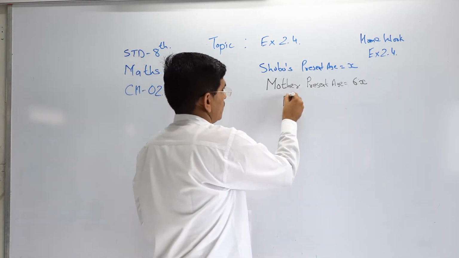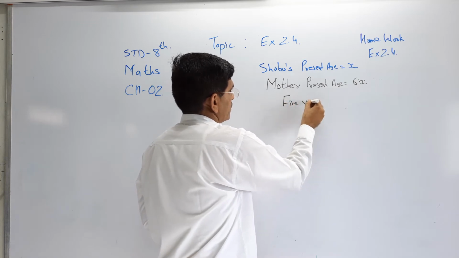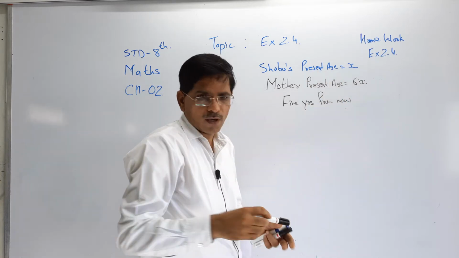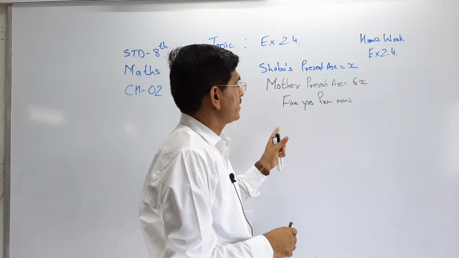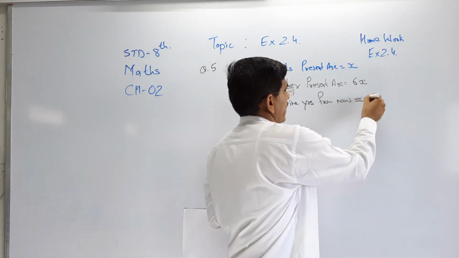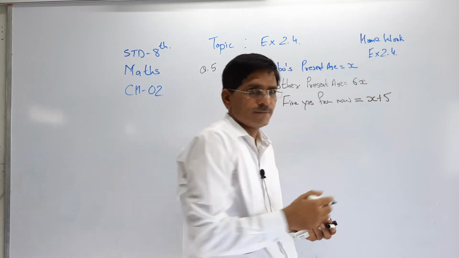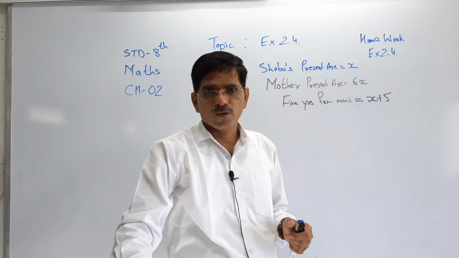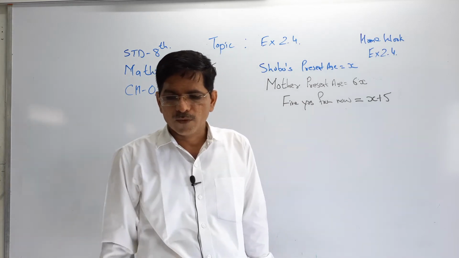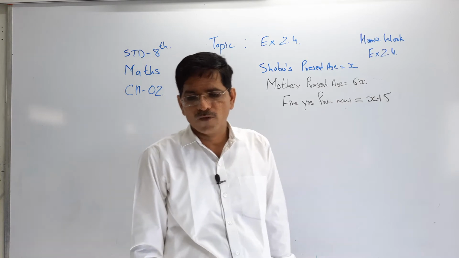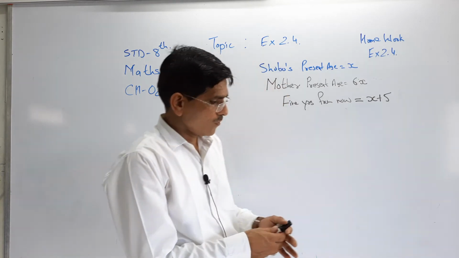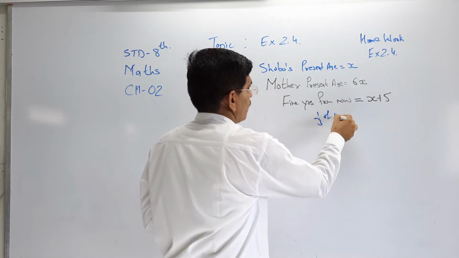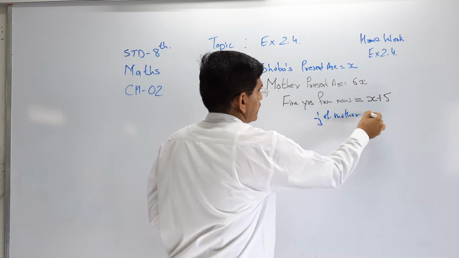5 years from now, that is x plus 5. Now according to the question, Shobha's age 5 years from now will be 1/3 of her mother's age.